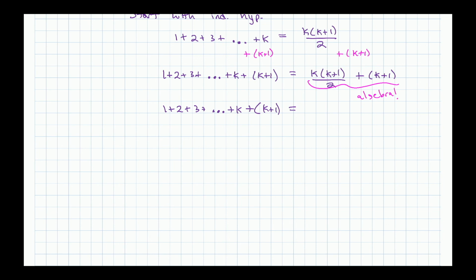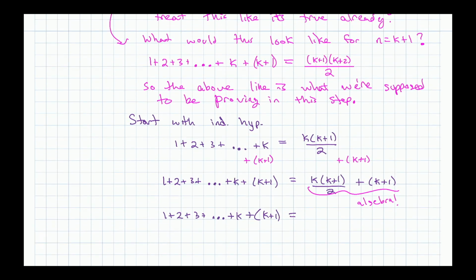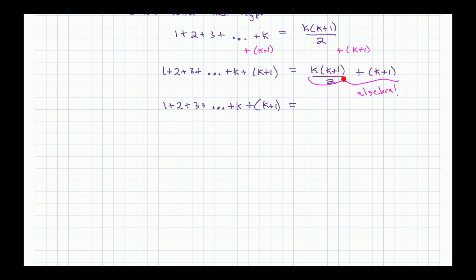Well, I can see that there are two terms here, whereas we should only have one. So I want to add these together. If I'm adding these together, then I can get a common denominator. So let's do that. The left-hand term, k plus 1 over 2, that's fine.